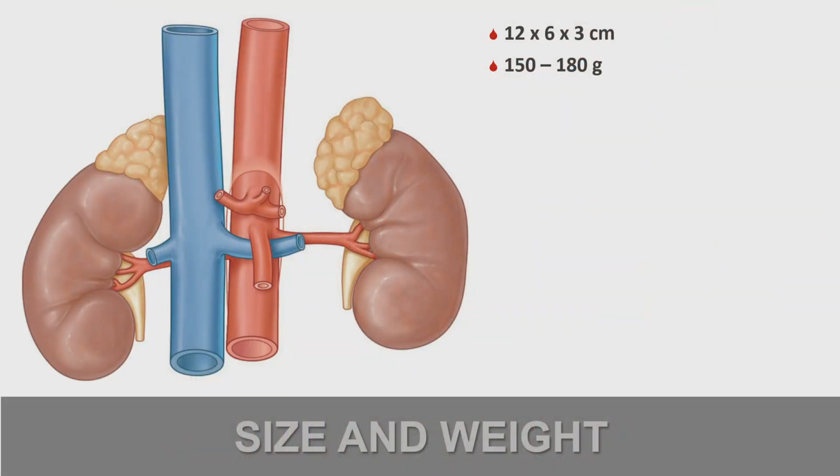Size and weight of a kidney. The long axis is about 12 centimeters and the weight is 150 to 180 grams. But we have some pathological situations when the kidney could be really giant.